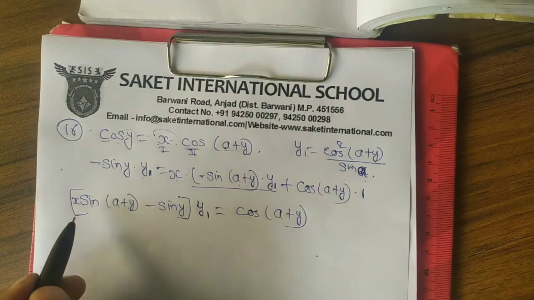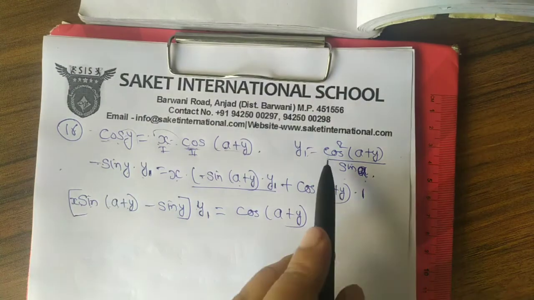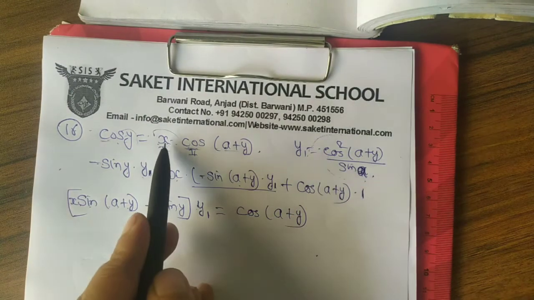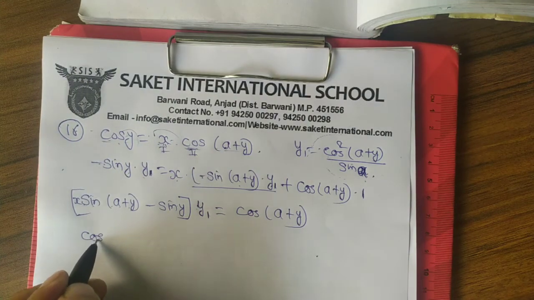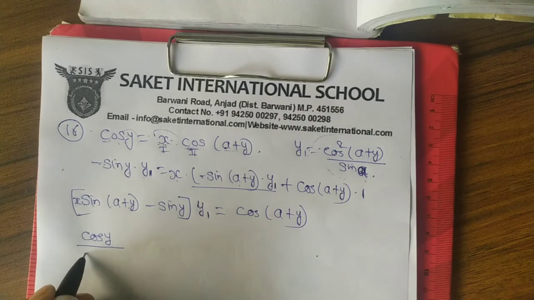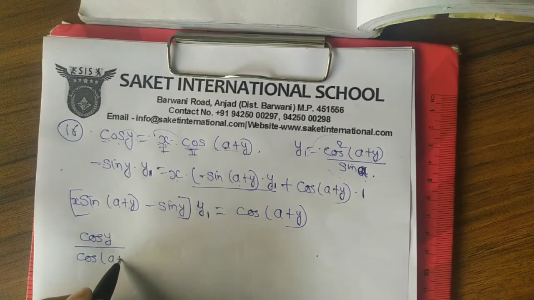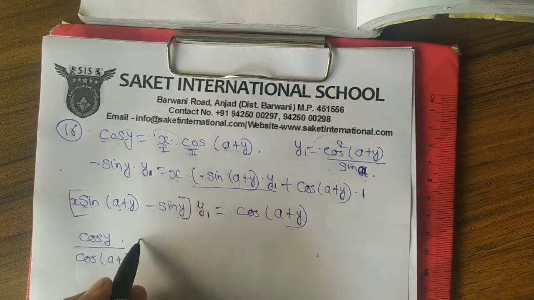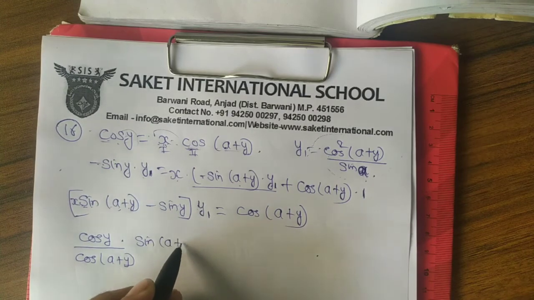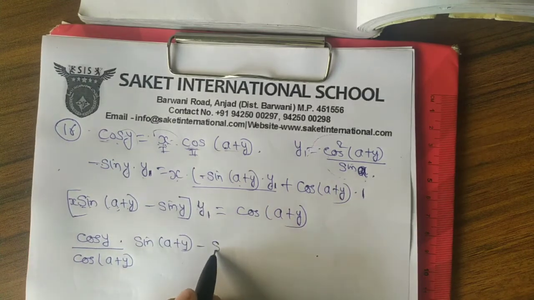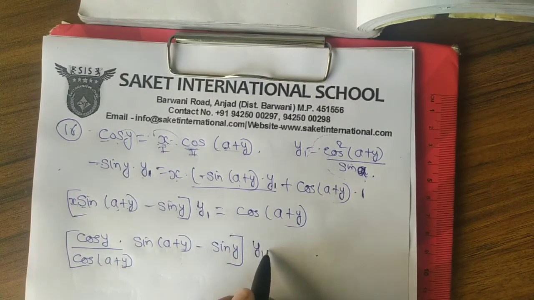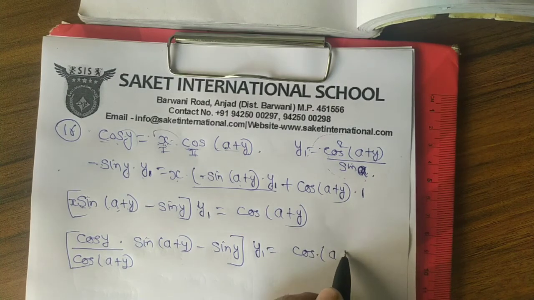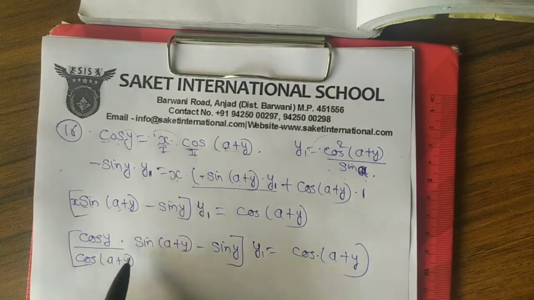Now dear students, we see here we don't want x, so from here we can get the value of x. The value of x is cos y upon cos (a plus y). So cos y upon cos (a plus y) into sin (a plus y) minus sin y, into y1 is equal to cos of (a plus y). We will take LCM, so the LCM is cos (a plus y).